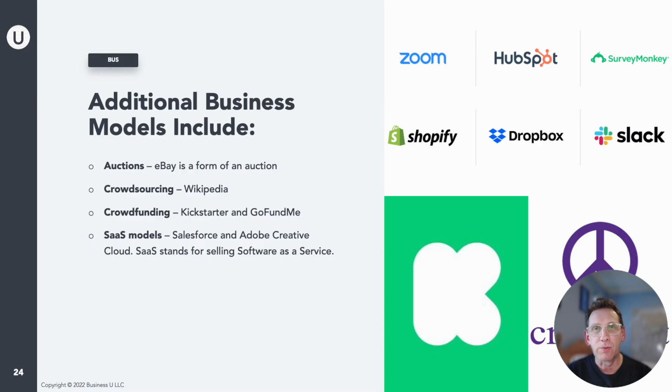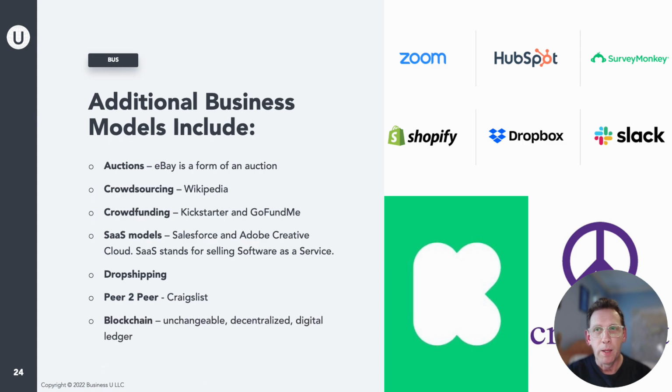SaaS, in this case, stands for software as a service. They're selling software as a service to another company. There's drop shipping, there's peer-to-peer like Craigslist, and one of the most recent ones is blockchain. This is an unchangeable, decentralized digital ledger of some kind, digital accounting.